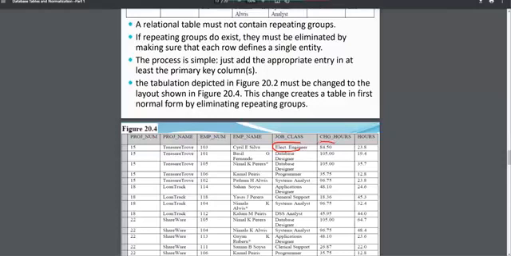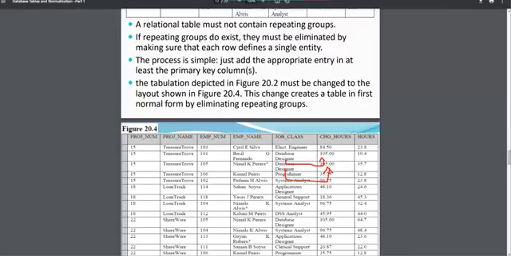Then charge per hour: look at database engineer and charge per hour. Here is a transitive dependency, because database engineers always have the same charge. Why is this not part of the primary key? Then you can call it that way.